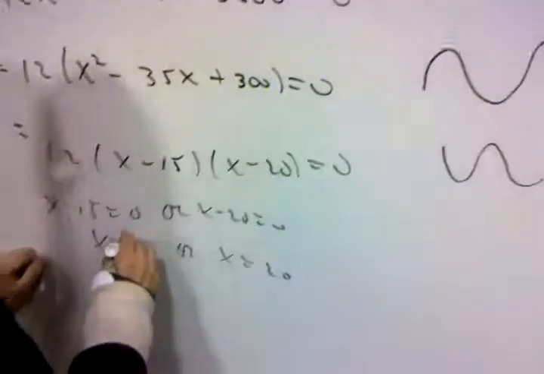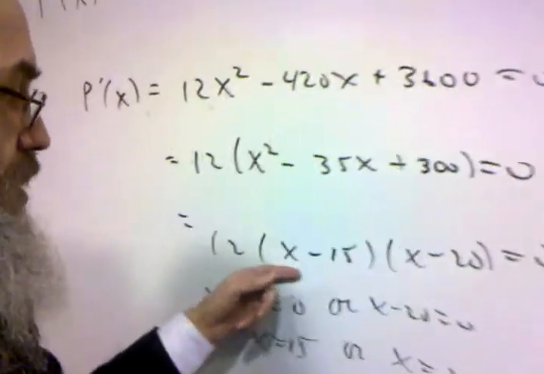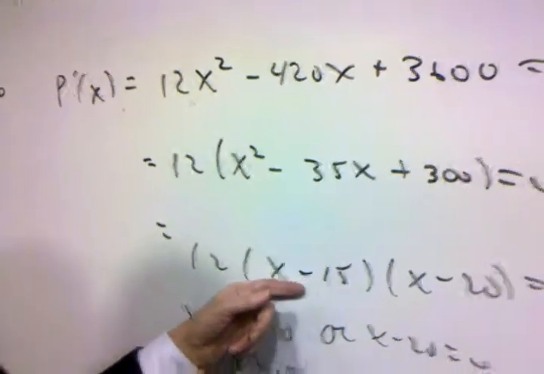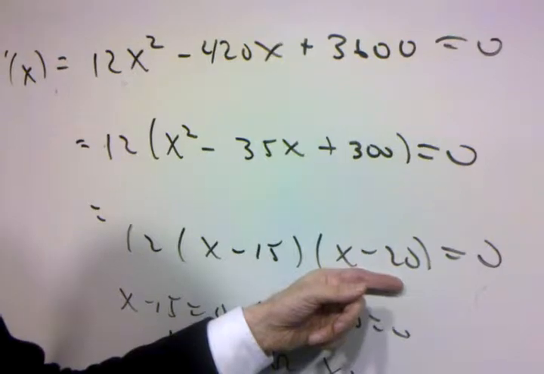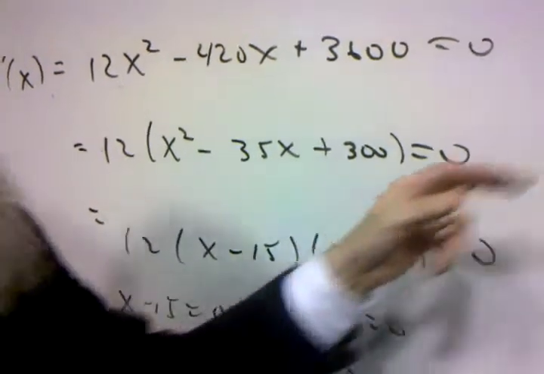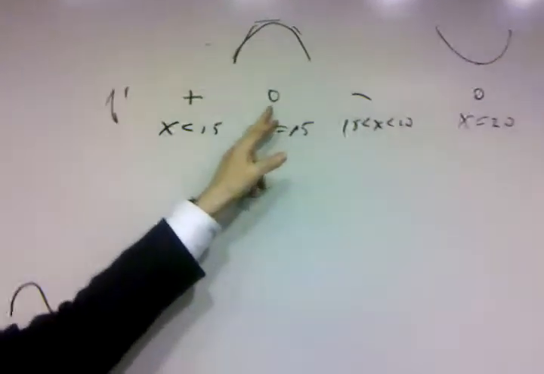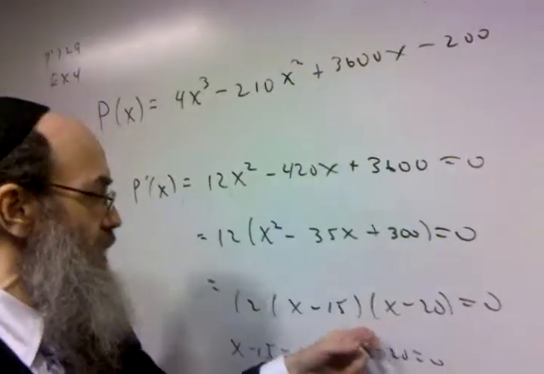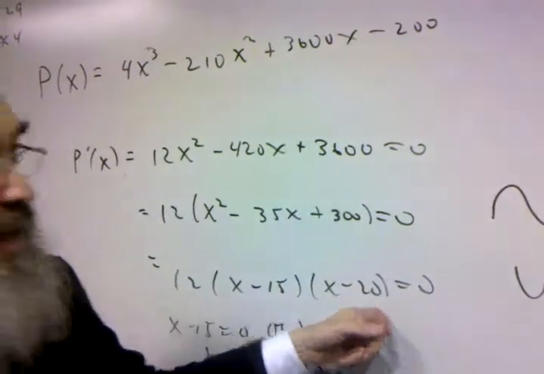Real briefly, could you go again over how you took those numbers? I understand it, but 15 and 20 are critical numbers. Mm-hmm. So if we're to the left of 15, say at 13 or 10, this number is negative, this number is negative. I multiply them, I get a positive number. That means my first derivative is positive if x is less than 15. When x is 15, the first derivative is 0. If x is between 15 and 20, this is positive and this is negative, and the product is negative.